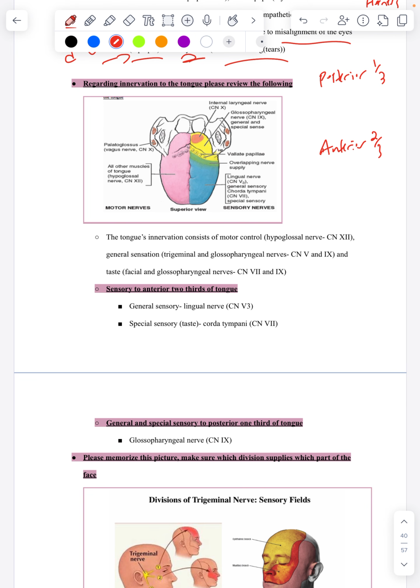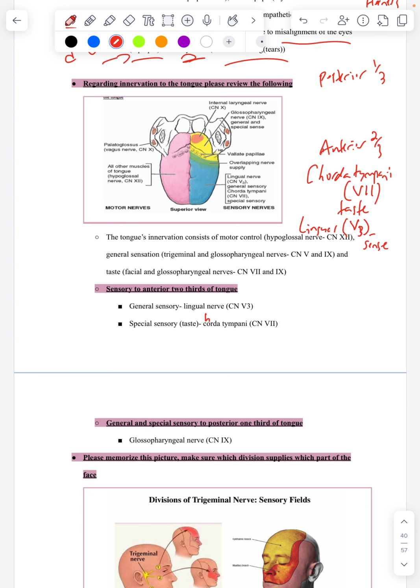So for anterior 2/3, it's different. Your chorda tympani, which is part of cranial nerve 7, will do taste. Your lingual, which is part of cranial nerve 5, specifically V3, will do just sensation.